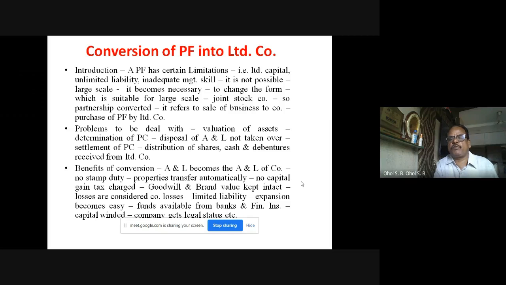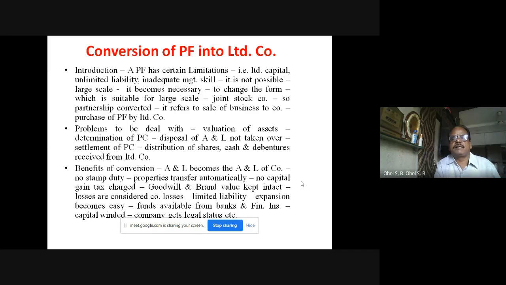It means if you want to expand the business, develop the business, get more capital, or do large scale manufacturing or activities, then the partnership firm has some limitations, and to overcome these limitations, the partnership firm can be converted into a limited company.